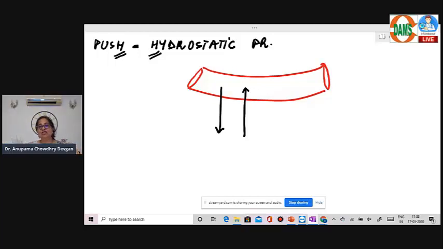What is hydrostatic pressure? Hydrostatic pressure means pressure due to a column of liquid. This is what pushes the fluid out of the capillary into the interstitial space. That is a push force.